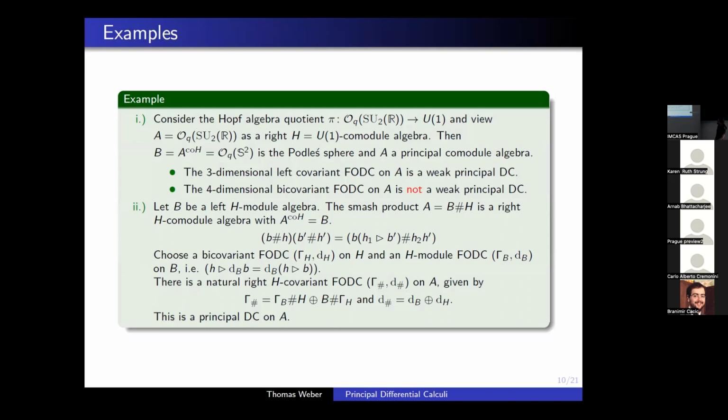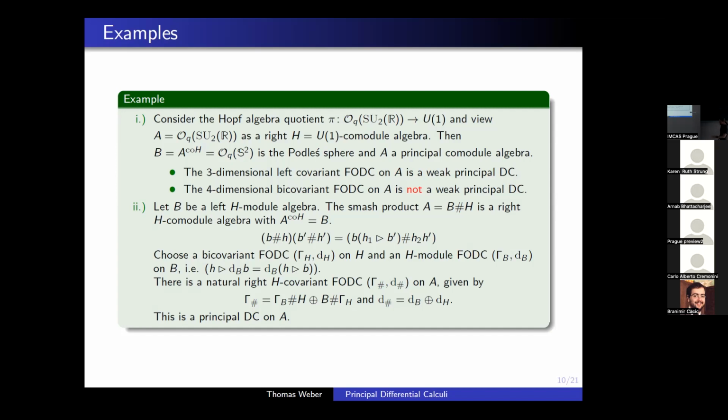We can see A, which we call SU2, as a right U1 comodule algebra, and you can prove that the corresponding invariant elements are exactly the Podleś sphere. Furthermore, you can see that this will give you a principal comodule algebra.